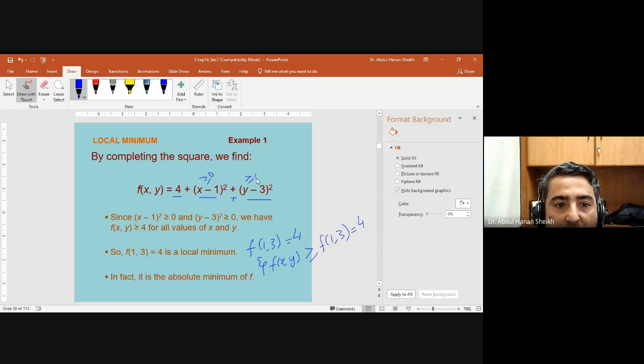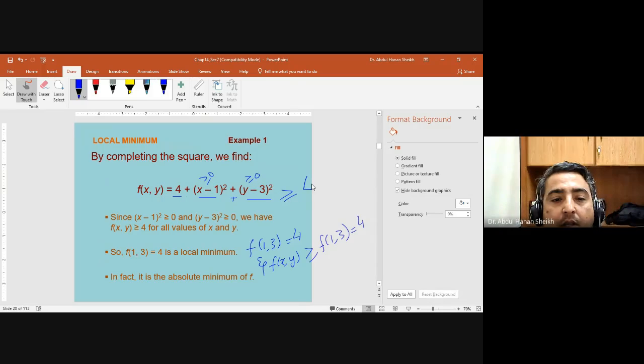So f of x comma y, when we use any values of x and y, will always be greater than 4, or at least equal to 4 when we use x equal to 1 and y equal to 3. Even if you use x equal to some negative number, let's say minus 100, this amount still will be positive and added to this 4.